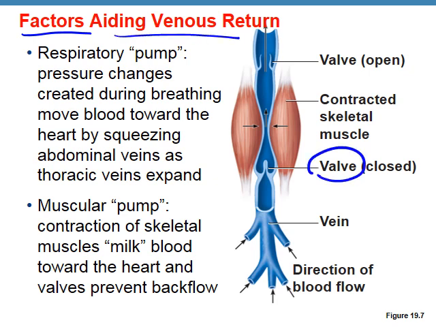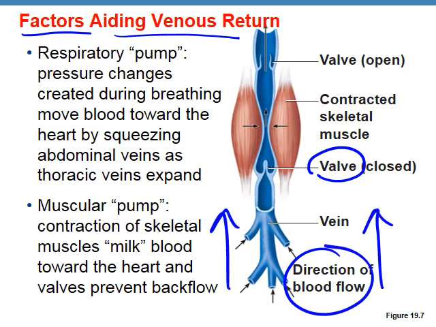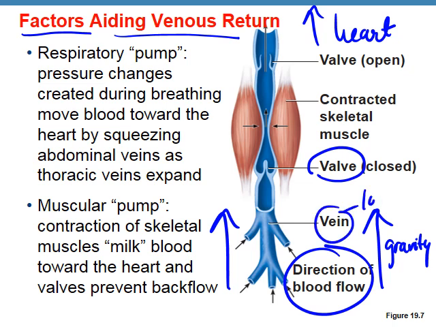So the first one is probably a valve. So here's our blood flow. Remember, if we're in our lower extremities, we're trying to push up against gravity because we're trying to get back to the heart. But remember, this whole system, once we get to a vein, it's under low pressure. So what are we going to do to make sure that all the blood from our lower legs gets back to the heart?